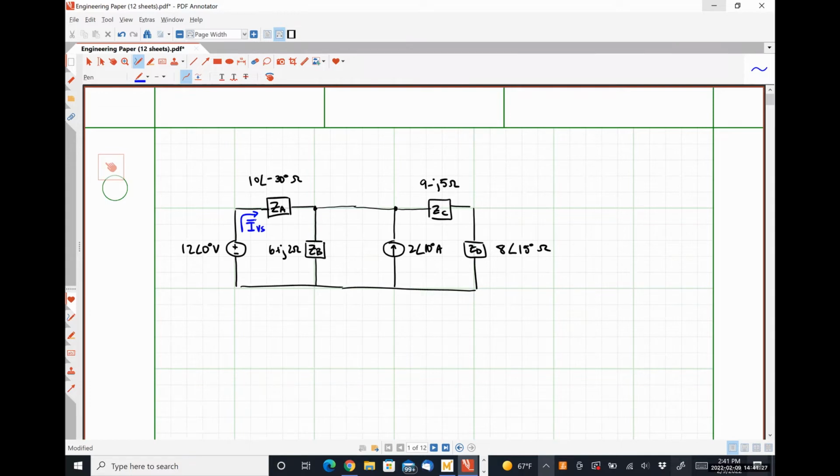Impedance ZB is connected in parallel with the series combination of impedance ZC and ZD. Is everybody okay with that?